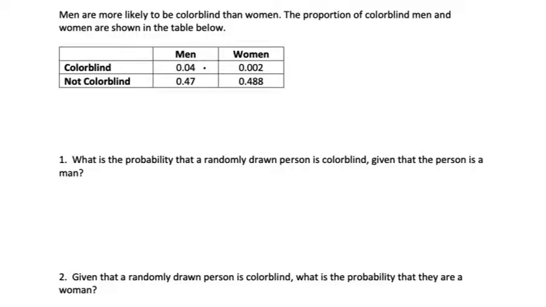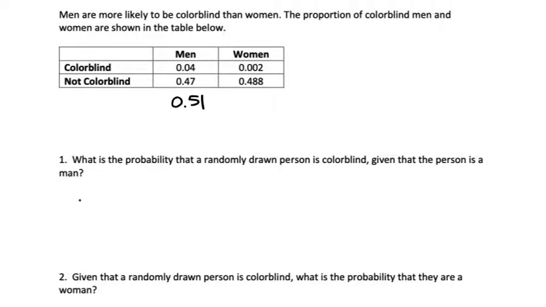So to calculate the probability that a randomly drawn person is colorblind, given that the person is a man, that tells me I'm restricting myself to the men column. The information that I need here that I don't have is the total of the men column, so I need to add those two together. 0.04 plus 0.47 gives me a total of 0.51.